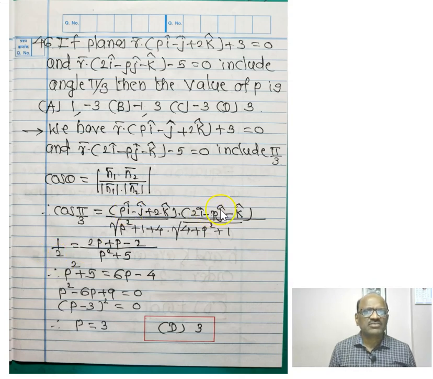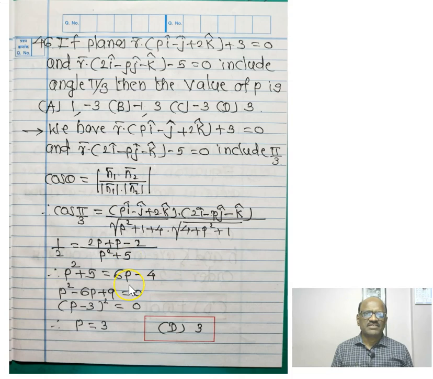After the dot product of n1 and n2, its value is first 2p, next plus p, and minus 2, upon the square root of p square plus 1 plus 4, again square root of p square plus 4 plus 1, that is the square root of p square plus 5 times the square root of p square plus 5. Then you are getting p square plus 5.